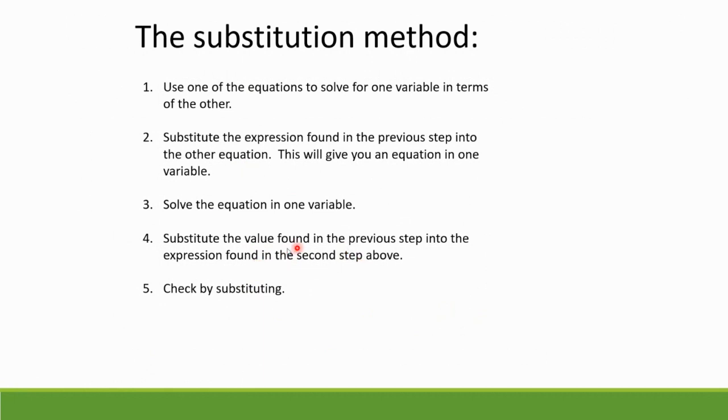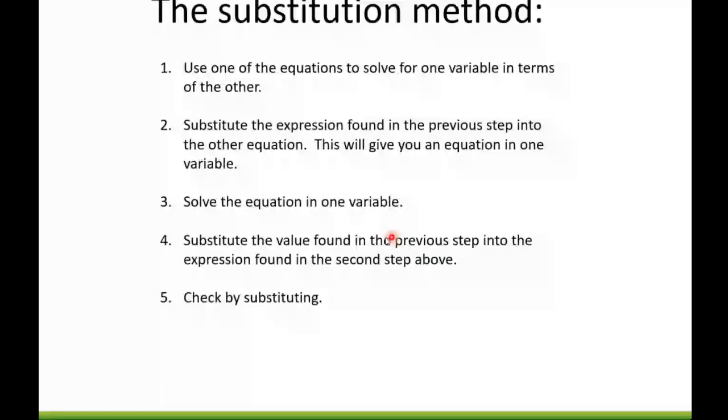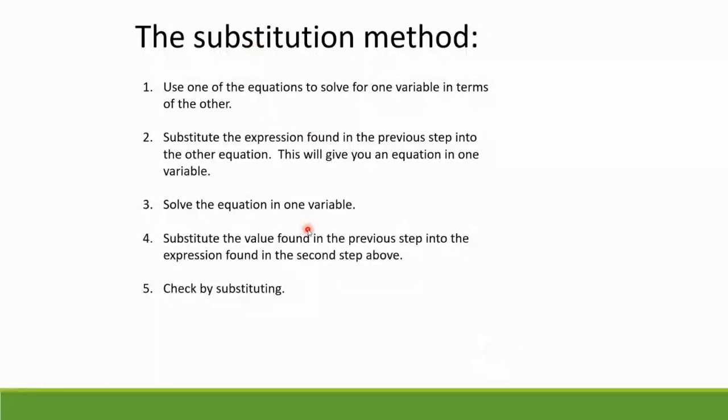So once we got y in terms of x, then what we got for x, 3, we plugged that in, and that gives us the other variable. It's just like what we did over here. I hope it's making sense, but it's just like what we did over here, that's all. So this is what I was trying to say. I was trying to illustrate the substitution method here. Yeah, let me pause this.